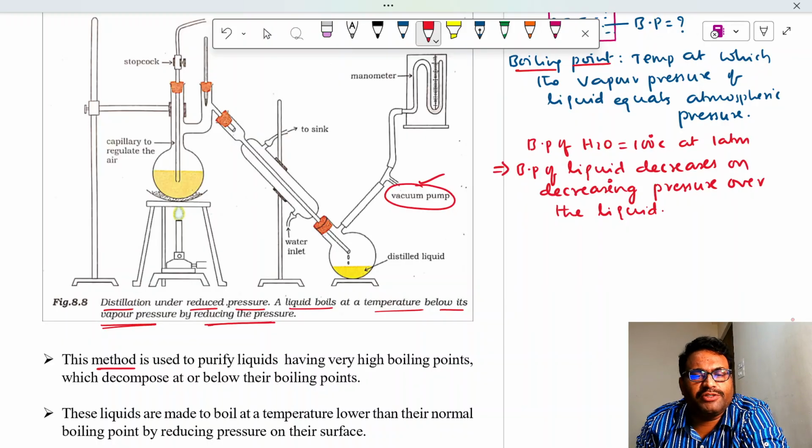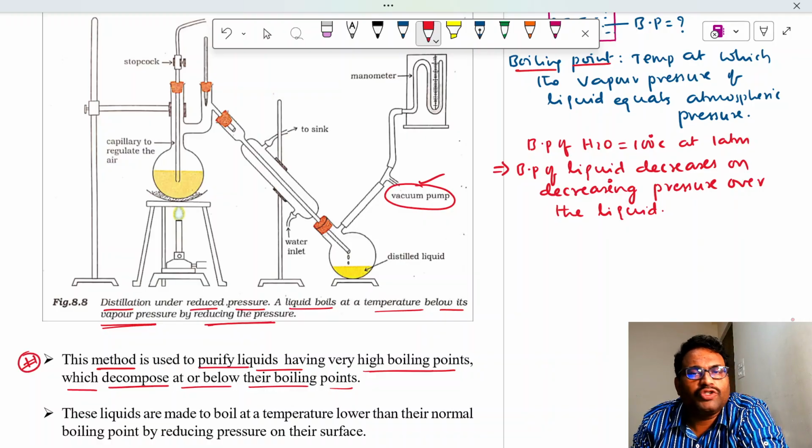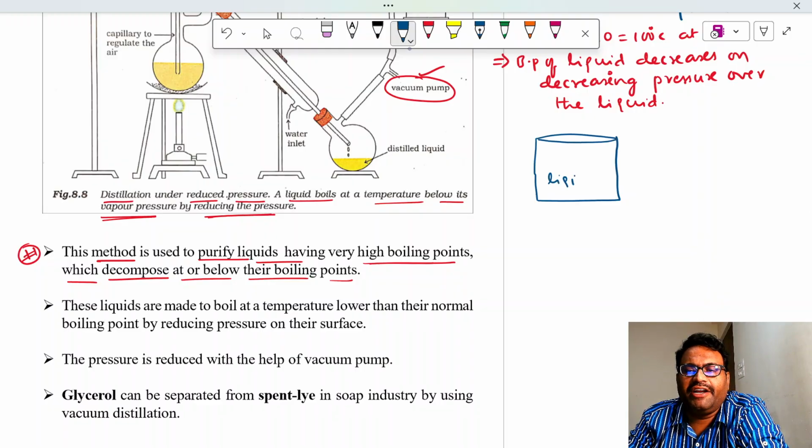So this method is to purify liquids having high boiling points which decompose at or below their boiling points. This point is very, very much important. There are some substances which decompose at their boiling point. If you heat them, they will decompose. For example, let us take a liquid whose boiling point is something like 80 degrees centigrade.